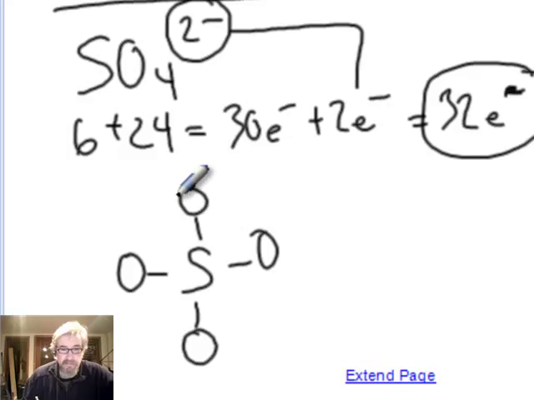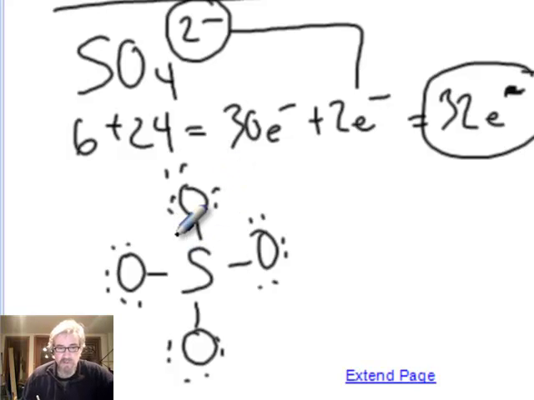Sulfur has a full octet, oxygens don't. So I fill the octet on the oxygens by putting 6 more dots around each. Remember the idea of imagining a box around every atom. There should be a pair of electrons in each side of the box. And then I'll make my count. There's 6 electrons around each oxygen.